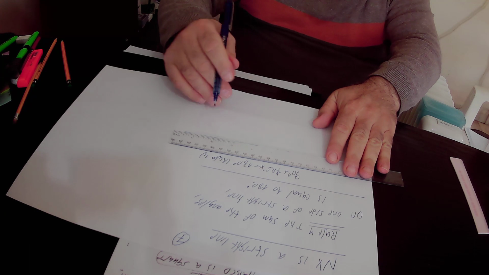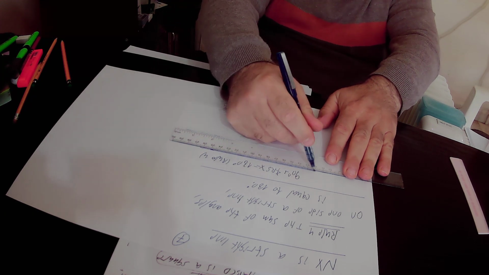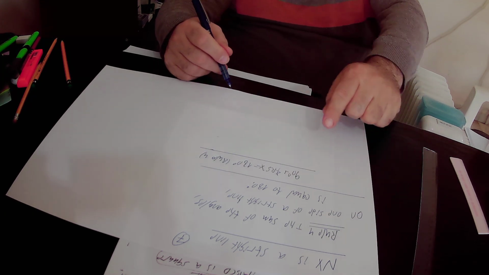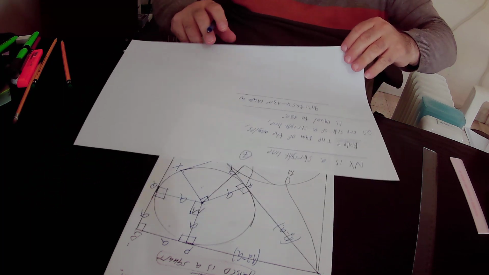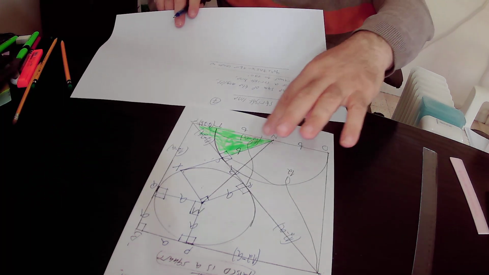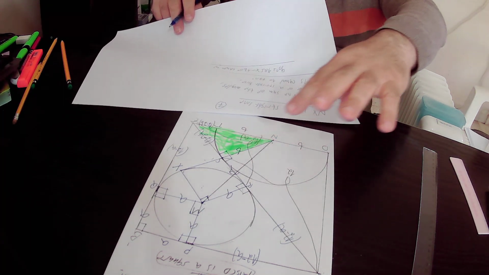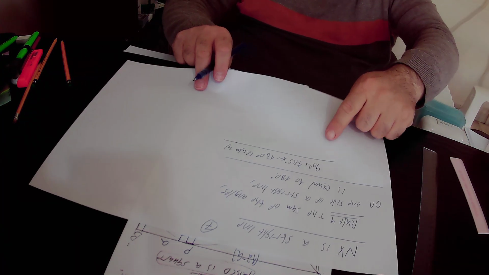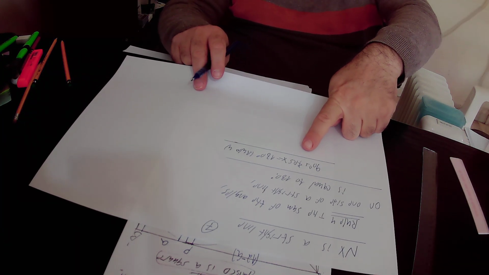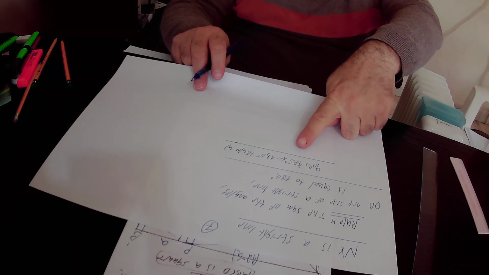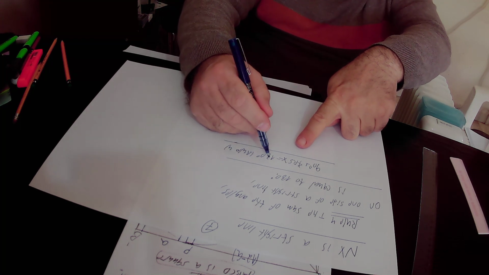I repeat again, according to rule number 4, 90 degrees, the sum of the angles on the upper side of the straight line NX at point S must be equal to 180 degrees. That is to say, 90 degrees plus the size of angle RSX, in total, must be equal to 180 degrees.